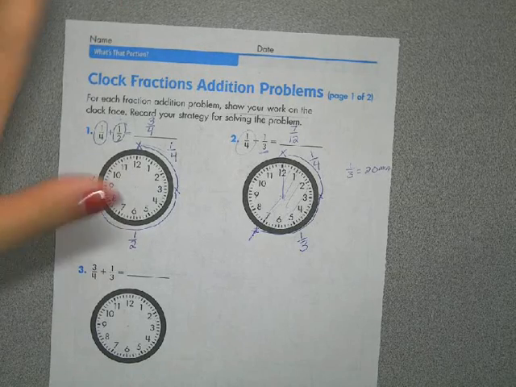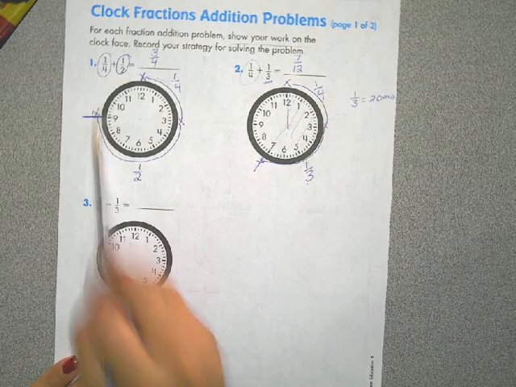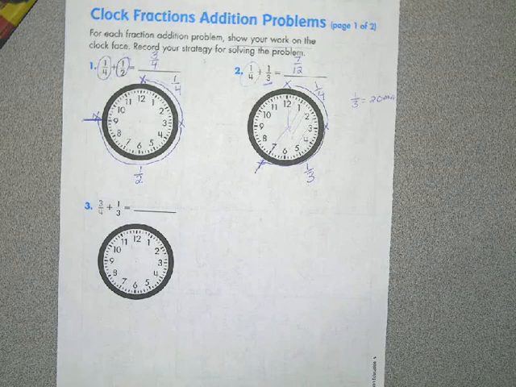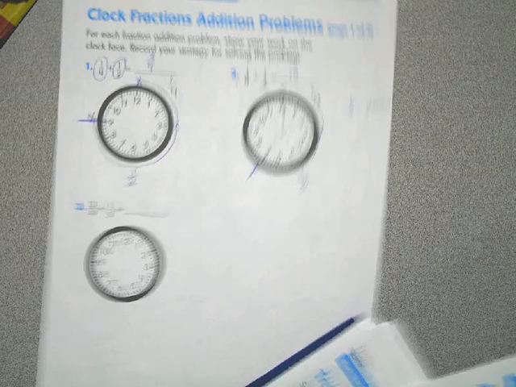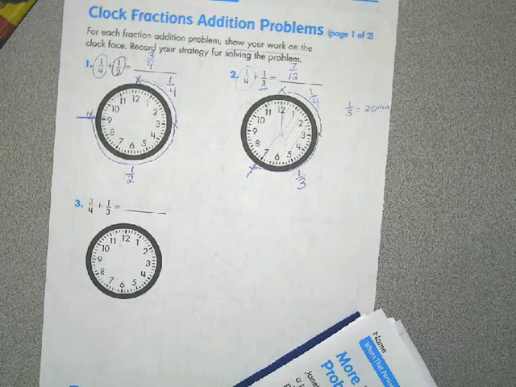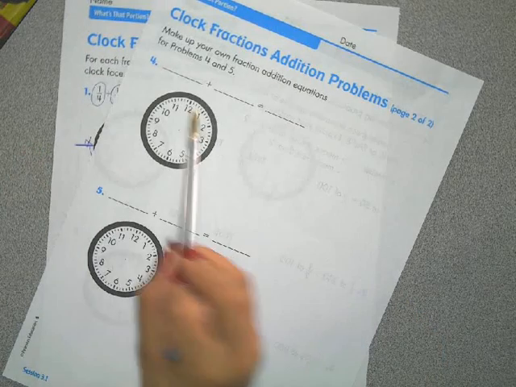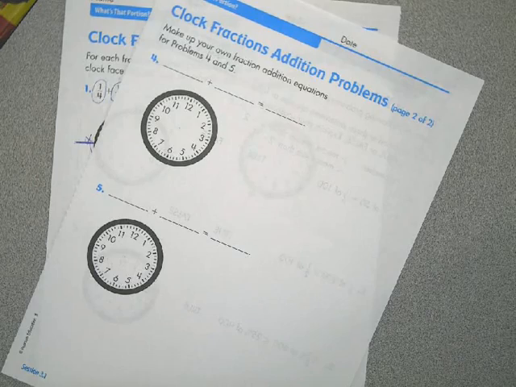Alright, so your assignment at your seat, you're showing me all of your thinking. I want you to do number 3, and then on that second page I had you tear out, you're going to do 4 and 5. Numbers 4 and 5, you're going to make up your own.